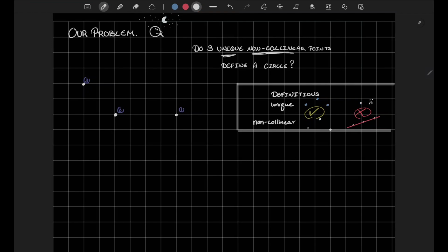Just to clarify, what we're looking for is for 3 points to lie on our circle. So let's say these are our 3 points, and this is our circle. They're all on the circumference of our circle, so they have to be at the same radius, the same distance from the center of the circle.